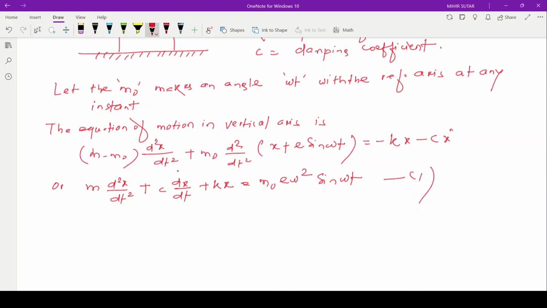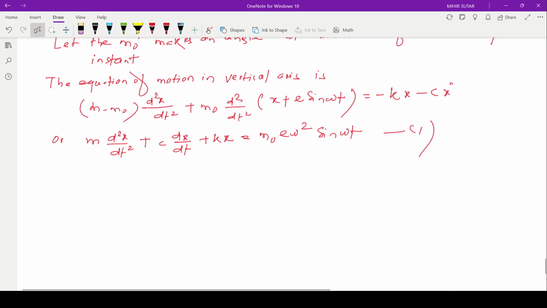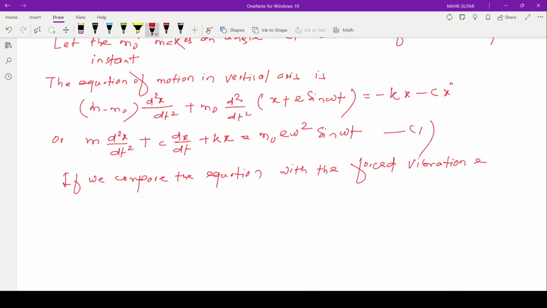Now if we compare the equation with the previous forced vibration equation, this F0 is replaced by this value m0 e omega square.